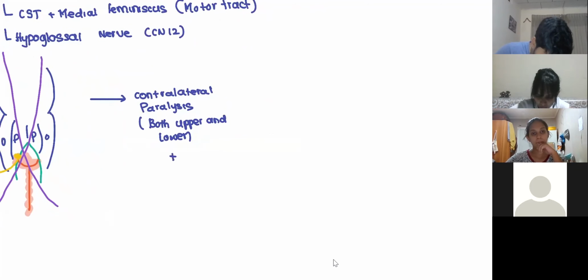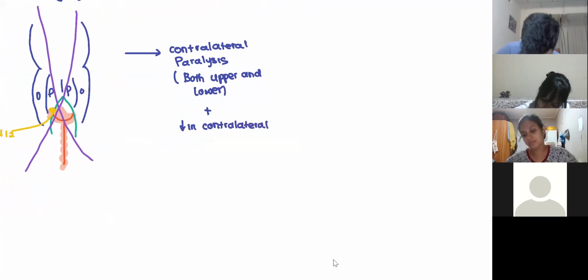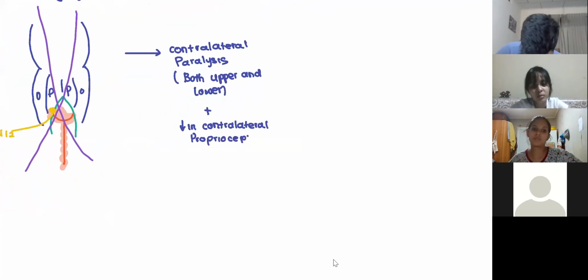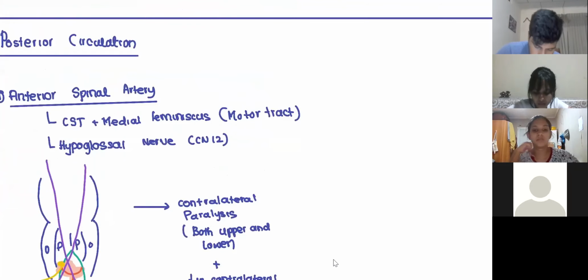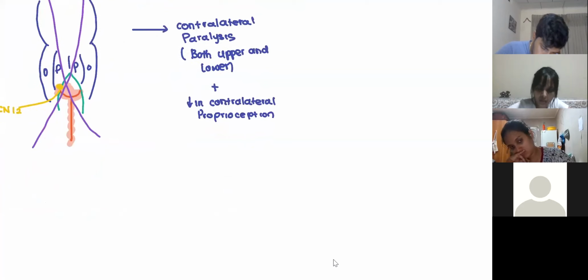Plus, there is a decrease in contralateral proprioception. Just write that down. That will not be needed.